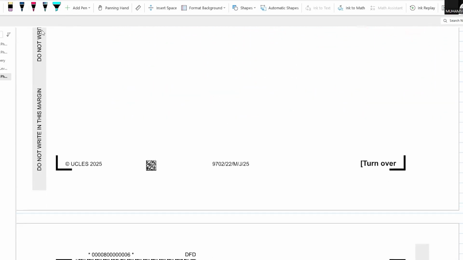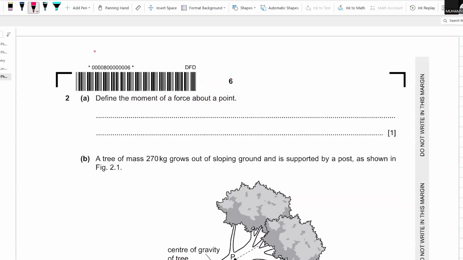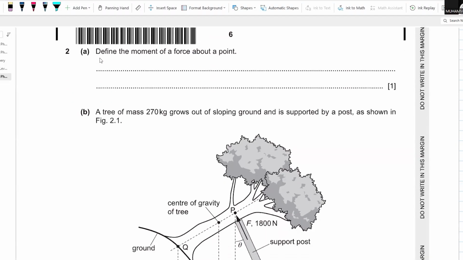Let's further move ahead. Let's see this question. Define the moment of a force about a point. What will you say?